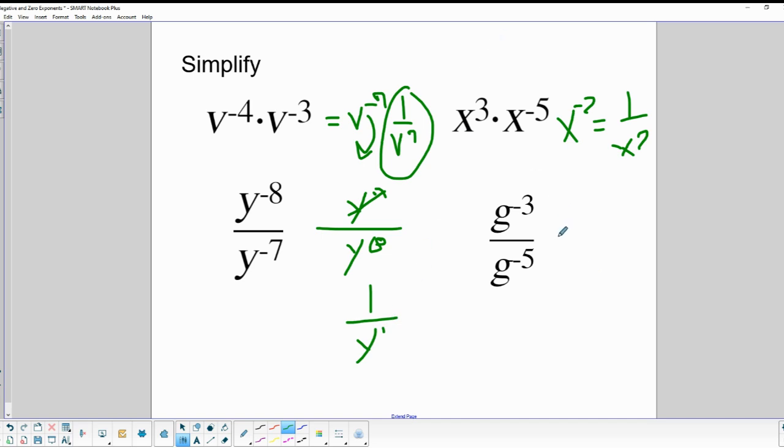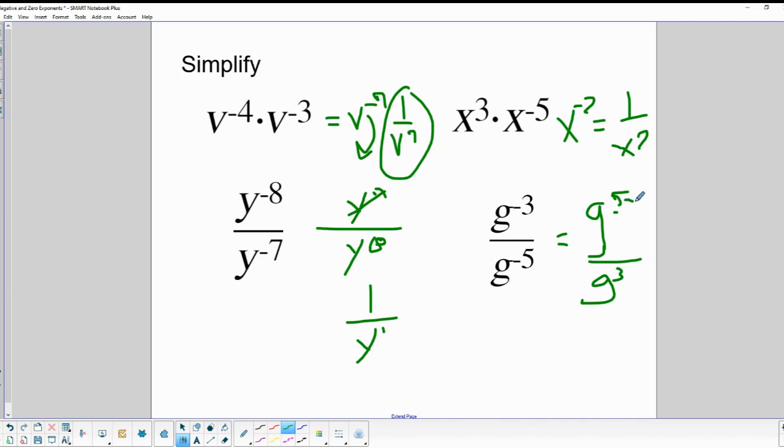All right, for our g's, just rewrite them by moving across the fraction bar. That will give us g to the 5th, and on the bottom we'd have g to the 3rd, right? So then we just use our subtraction rule.